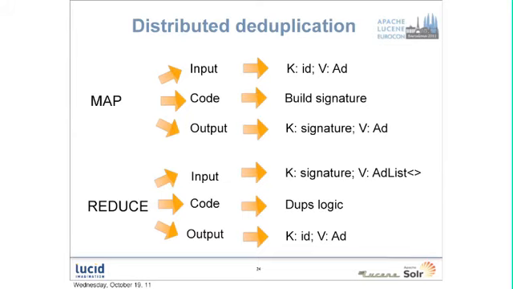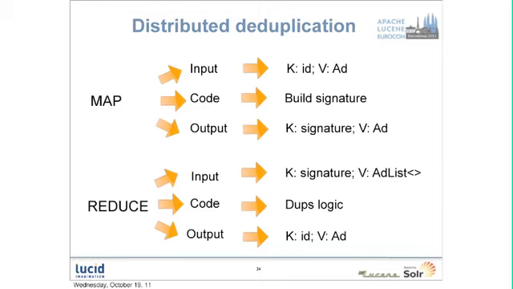Then the reduce receives all the ads grouped by this signature, which means that all the ads in the same group are going to be duplicates. And as you configure the deduplication in the Solr config file, you can use Hadoop configurations here as well to receive all the parameters you need, like, for example, which fields you want to take into account to decide if two documents are duplicates or not.